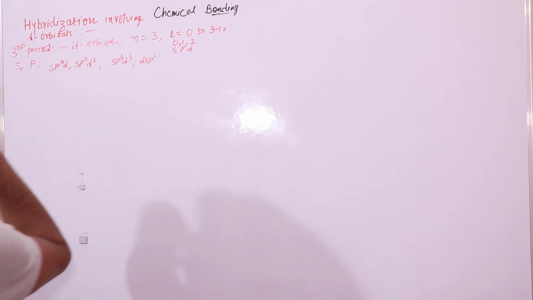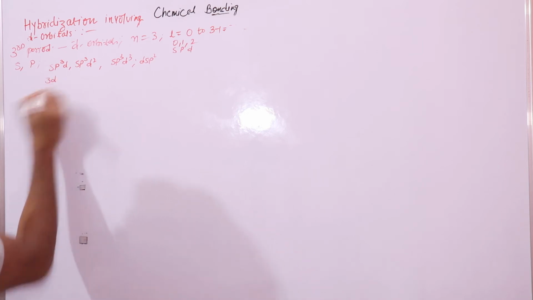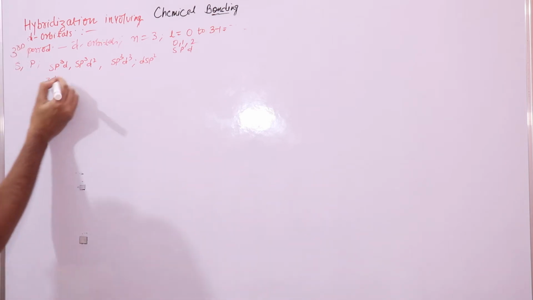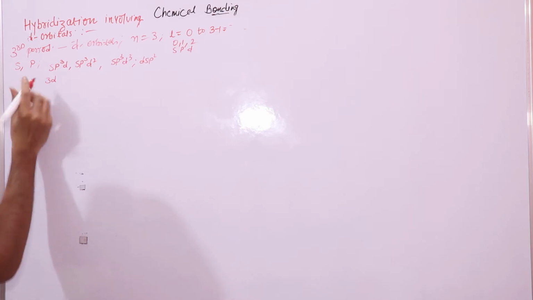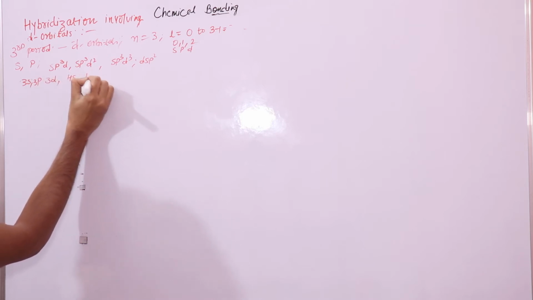It's the 3d orbital. The third shell will contain the 3d orbital. Before this you have 3s, 3p, and after this you have 4s, 4p.